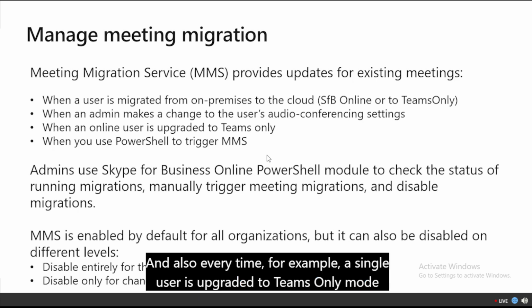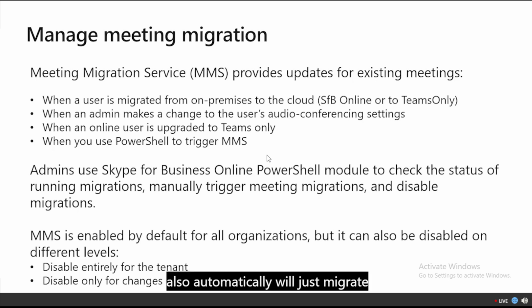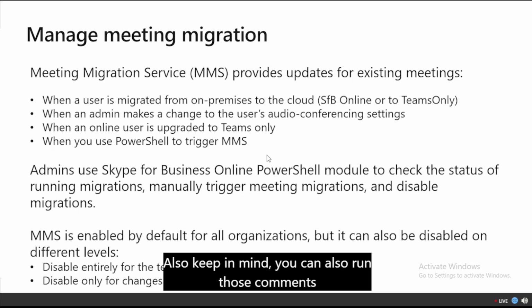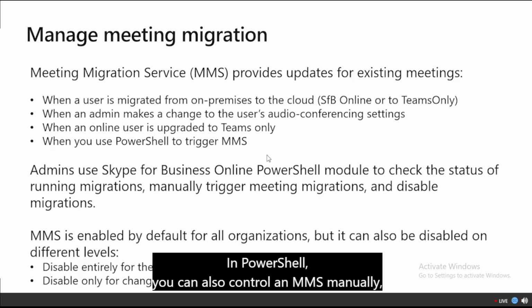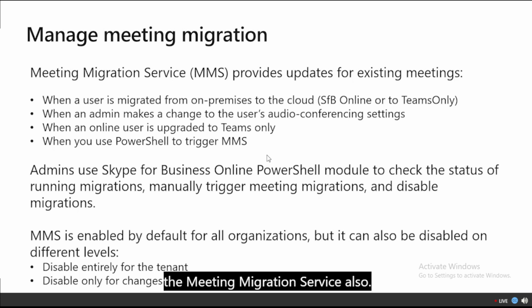And also every time a single user is upgraded to Teams only mode, it will automatically migrate whatever is in that existing calendar. Also keep in mind, you can run those commands and modify those settings directly from the command line. In PowerShell, you can also control and manually initiate the Meeting Migration Service as well.